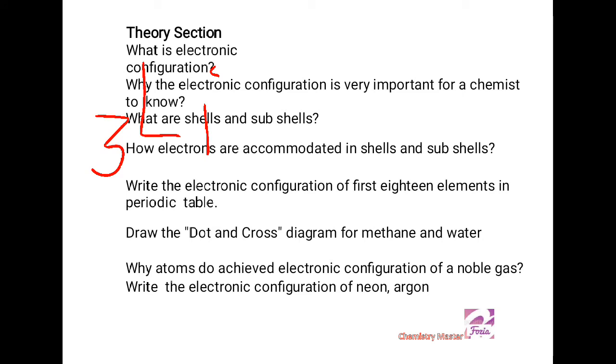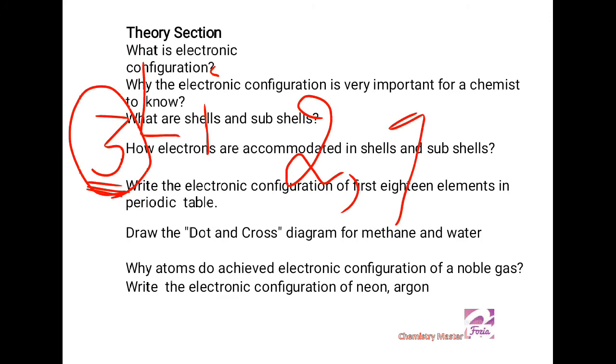Now according to the given pattern, I have to arrange these 3 electrons. So I will write 2 in the first shell, because the first shell can have only 2 electrons. Then as I am left with only 1 electron, I will put that third electron in the second shell.